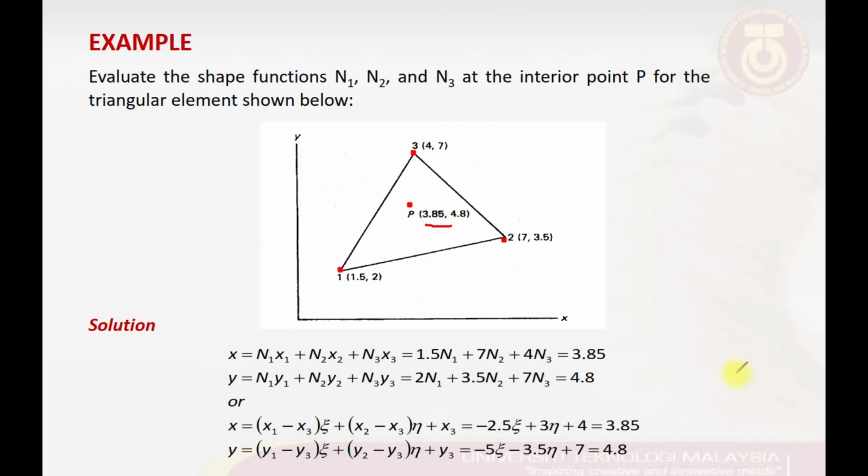So substituting the coordinate values for each nodal point and also at point P in the field displacement equations, then we can rewrite these field displacements in terms of the Cartesian coordinate system as shown by the first two equations there.